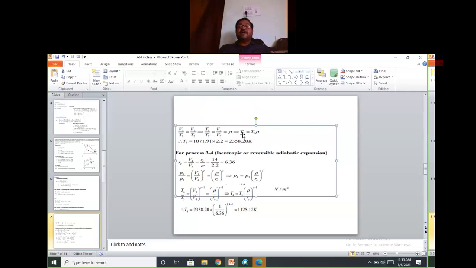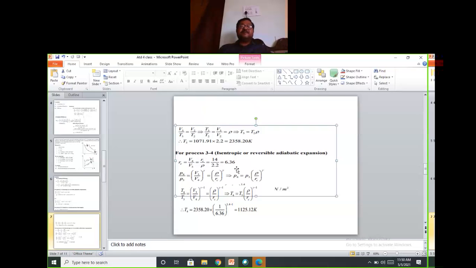V3 by V2 is rho, which is given. And then r_c is equal to V4 by V3 times V3 by V2, so V4 by V3 is r_c by rho, 14 by 2.2, which becomes the expansion ratio for the reversible adiabatic expansion process, 6.36, r_e.